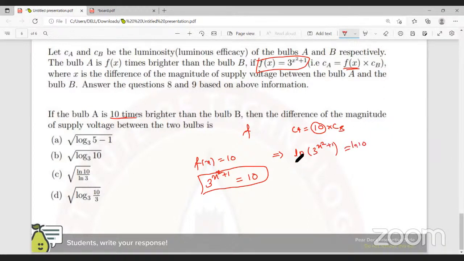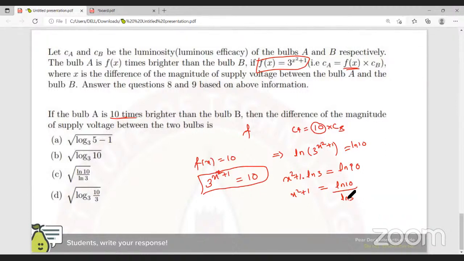So x square plus 1 equals ln of 10 upon ln of 3. Then minus 1 will go to this side, and we will take the root. So x square equals ln of 10 upon ln of 3 minus 1.